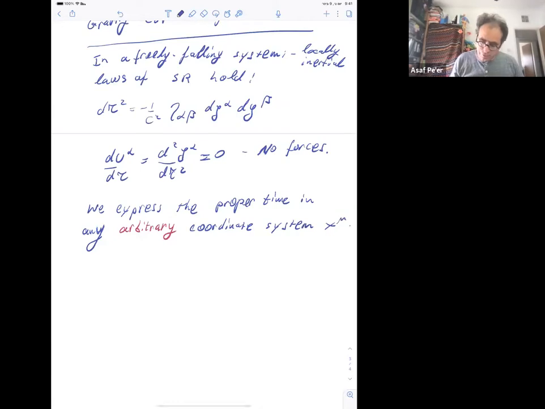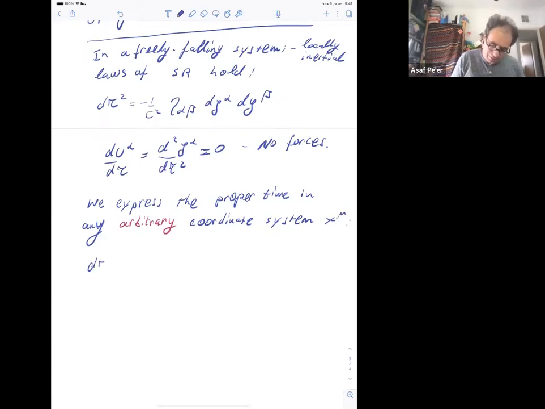And so we could write down dτ² = −(1/c²) η_αβ dξ^α dξ^β, and now I want to express that in the new coordinate system.